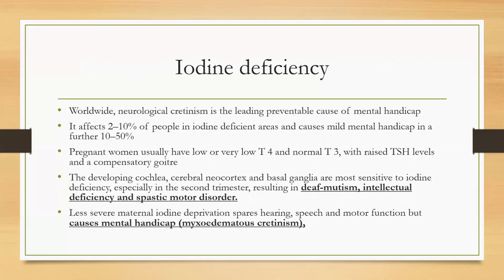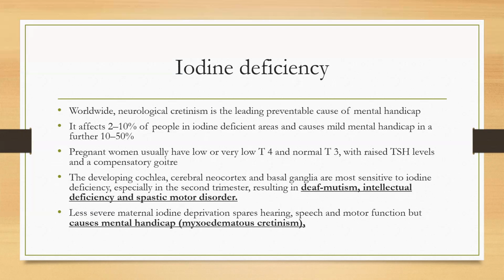So worldwide, neurological cretinism is the leading preventable cause of mental handicap. It affects 2 to 10% of people in iodine deficient areas and causes mild mental handicap in a further 10 to 50%.